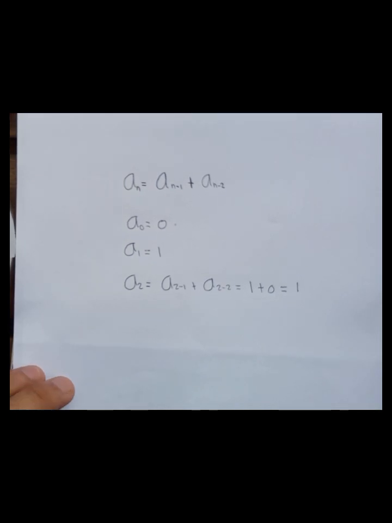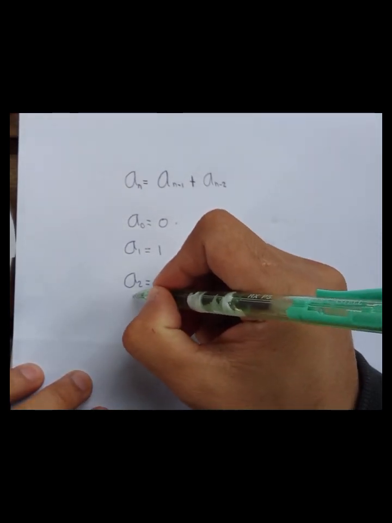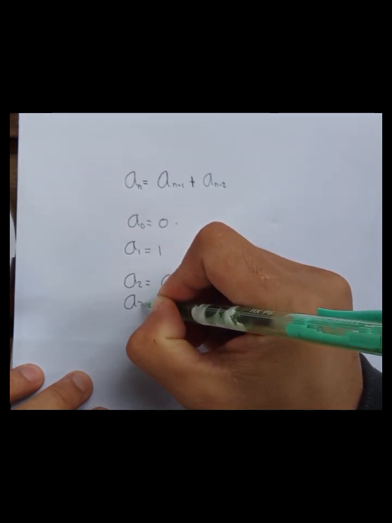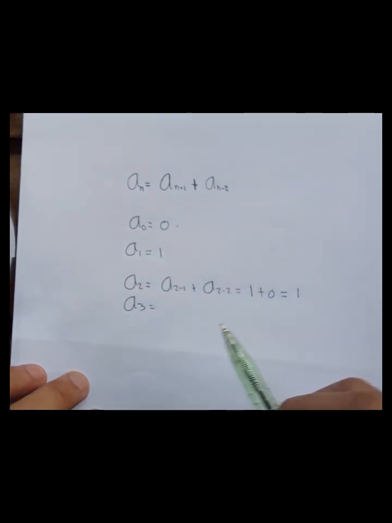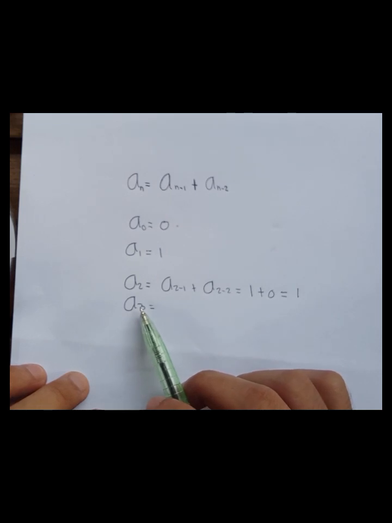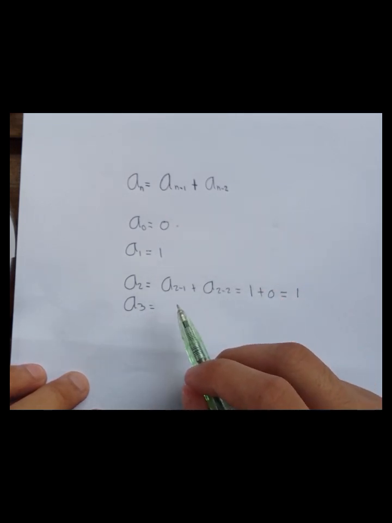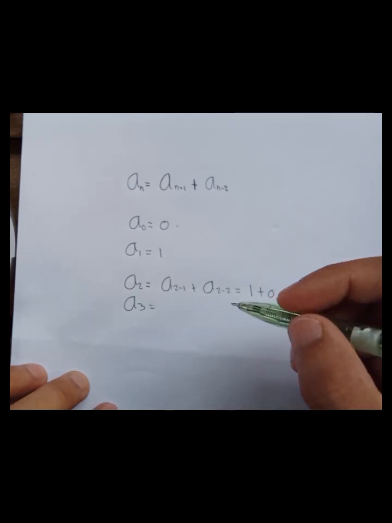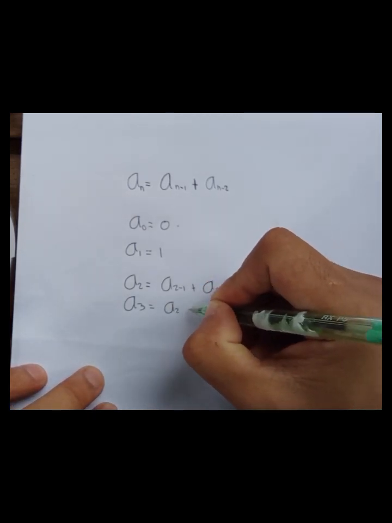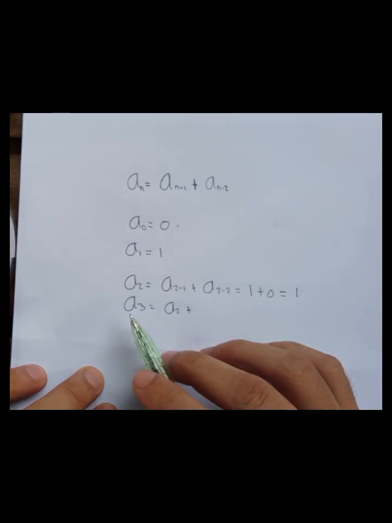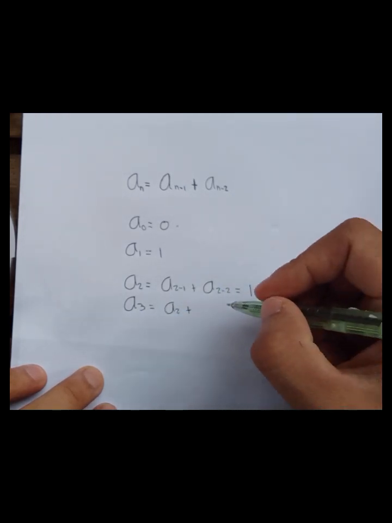So let's continue the sequence. a sub 3. Let's find a sub 3. a sub 3 is equal to a sub 3 minus 1, which is equal to a sub 2, plus a sub 3 minus 2, which is equal to a sub 1.